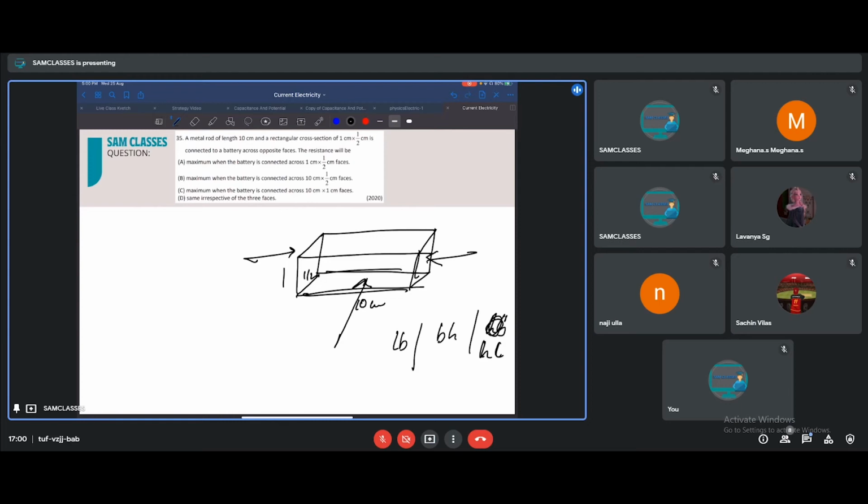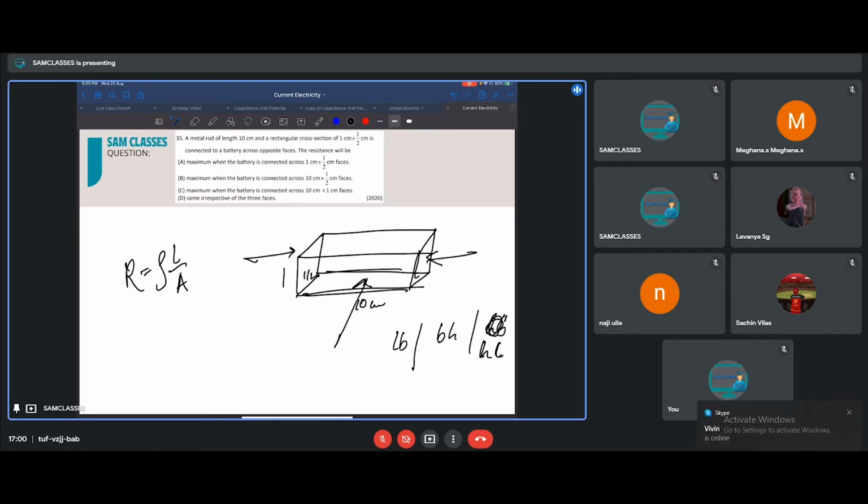What do you think? What will be the answer? R is equal to resistance is equal to what? Rho L by A. Clear? So if one is changing, the other will make it up. Correct. So what will be the answer?